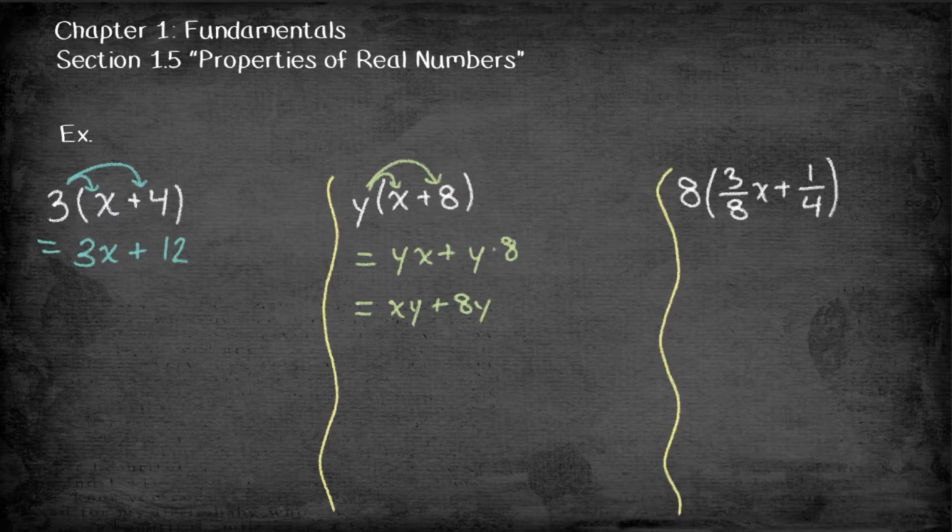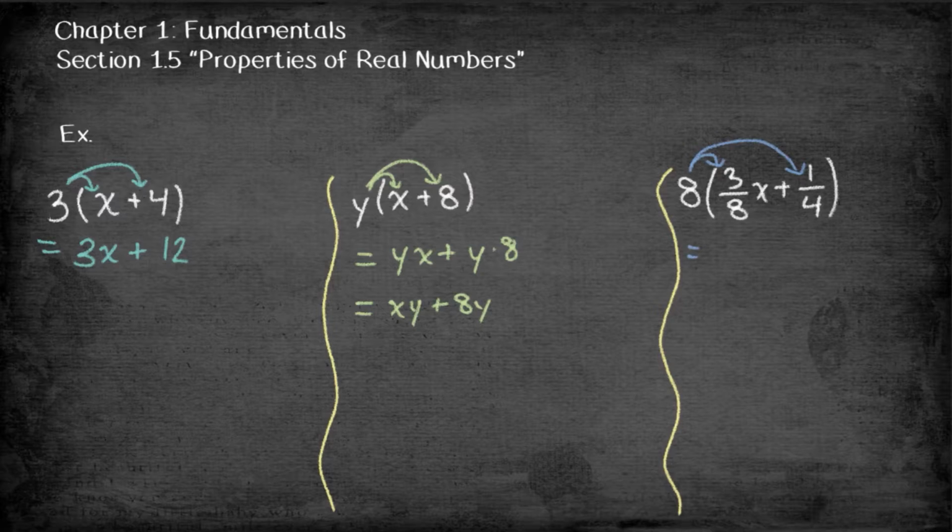Okay, so here we have fractions, which is enough to make anybody nervous. But the important thing to keep in your brain is that this works fundamentally the same way that the other 2 examples do. That is, you're taking 8 times the first term and 8 times the second term.